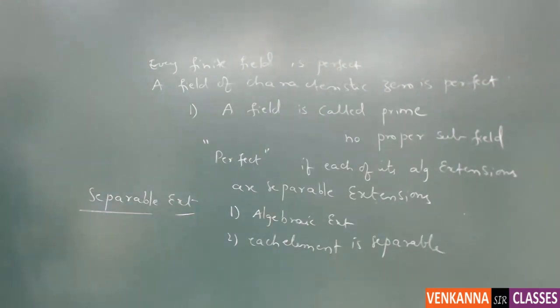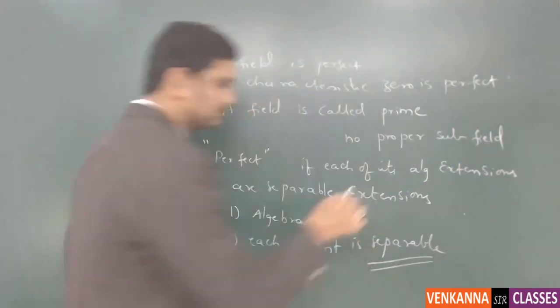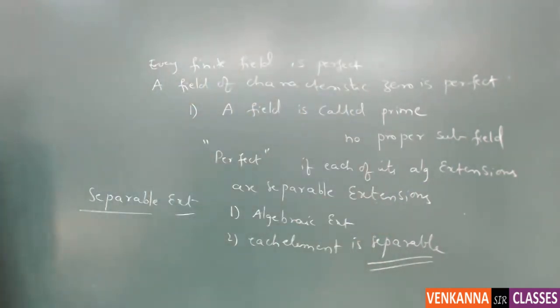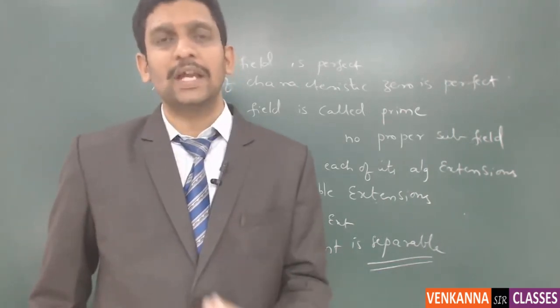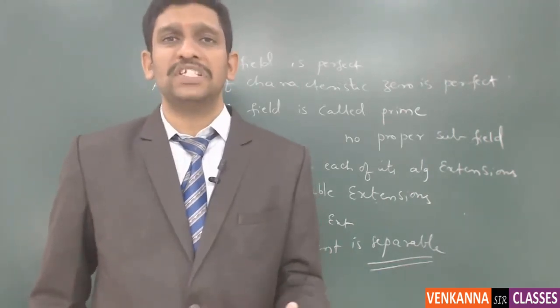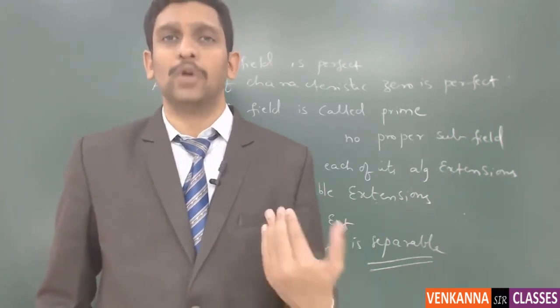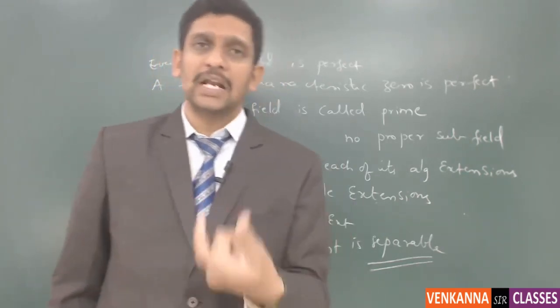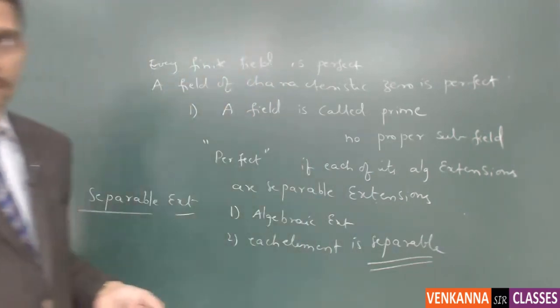And we will get a question: what is meant by a separable element? Separable is nothing but, if you take an algebraic element, that element satisfies a polynomial which has simple roots. It will not possess multiple roots. That kind of polynomial, we call it a separable polynomial, right?